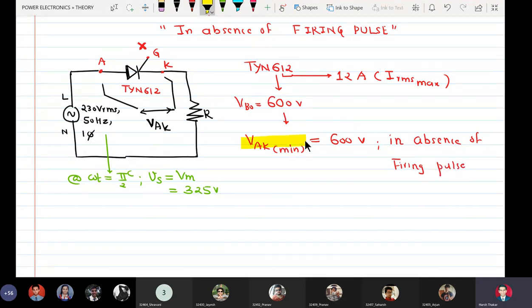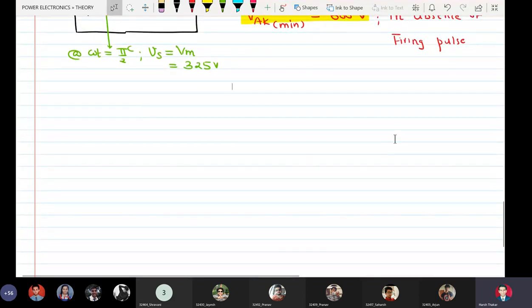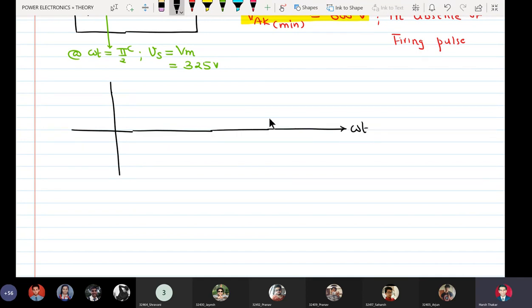Now we know that in a single phase system, a value as high as 600 volts will never appear. We know this. So if I draw the single phase supply here, omega t, this is my instantaneous value Vs of omega t, and here I have pi, 2 pi, and 3 pi, and I have plus Vm and minus Vm.